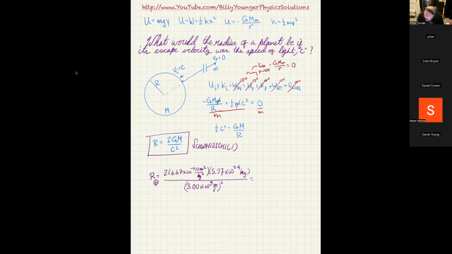Let's go ahead and calculate it. I'm going to say it's 2 times 6.67 times 10 to the negative 11 times 5.97 times 10 to the 24th. That's my whole numerator. That gives me 7.96 times 10 to the 14th.